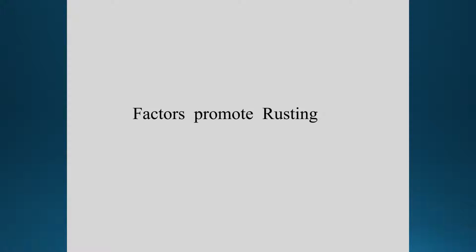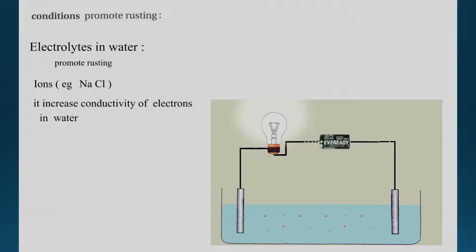The factors that promote rusting. Electrolytes in water will promote rusting. What's an electrolyte? Electrolytes are those positive, negative ions. Example, NaCl. It increases the conductivity of electrons in water.